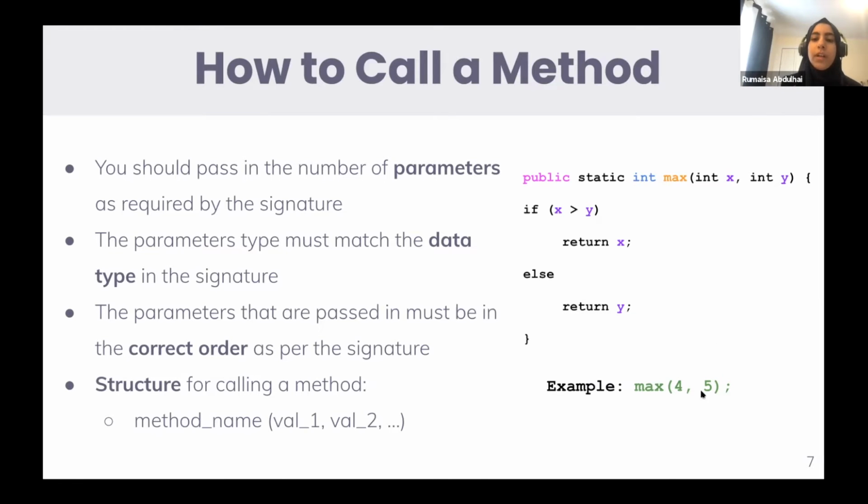So 4, for example, Rumaisa. You can't have Rumaisa, 4. And then the structure for calling the method is the method name, and inside you have the parameters that you pass in: value 1, value 2, as many as the method requires.